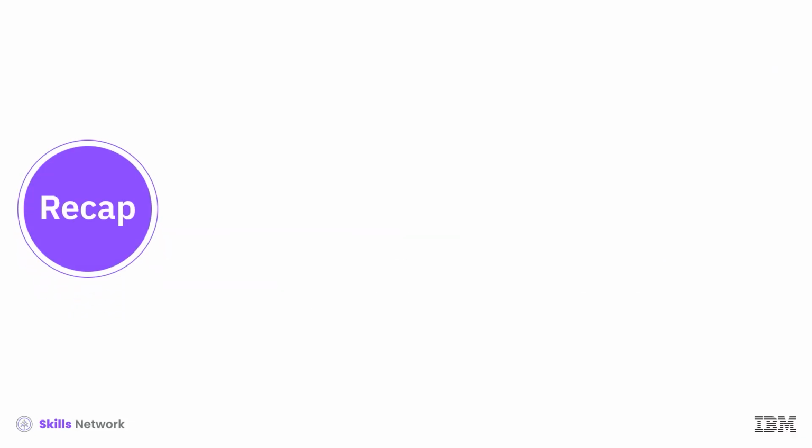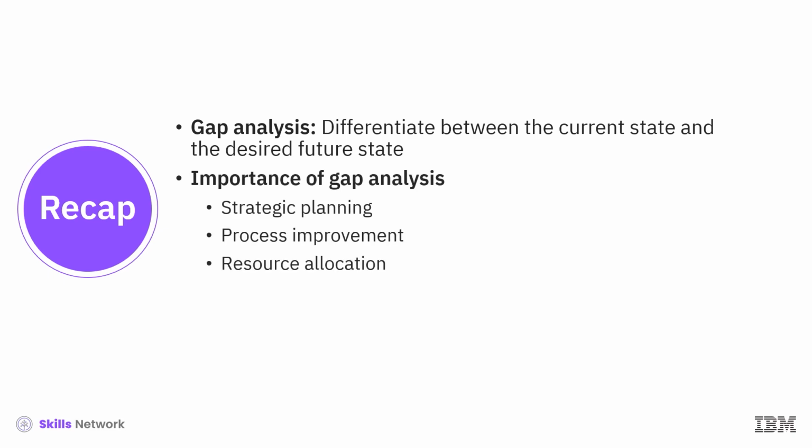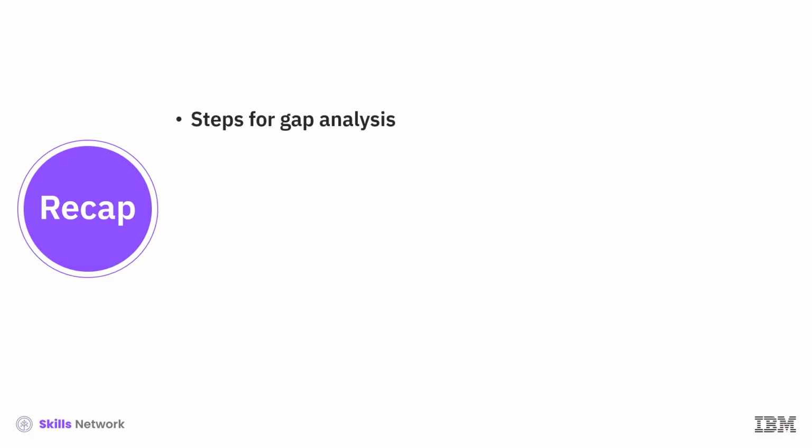In this video, you learned that gap analysis is a strategic tool for assessing the difference between an organization's current state and its desired future state. It is vital for strategic planning, process improvement, resource allocation, risk management, and performance measurement. You also explored the steps involved in gap analysis. First, gather data to define the current state.